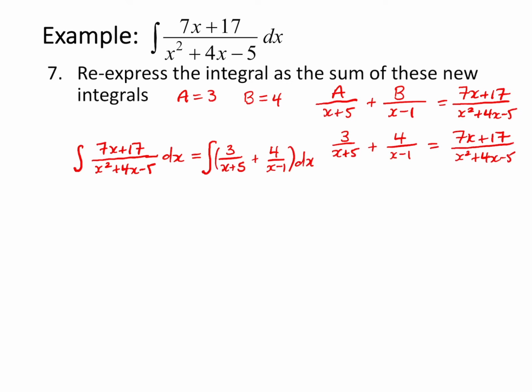So we've just taken the original fraction and written it as the sum of two fractions. So the 3 over x plus 5, the 4 over x minus 1.